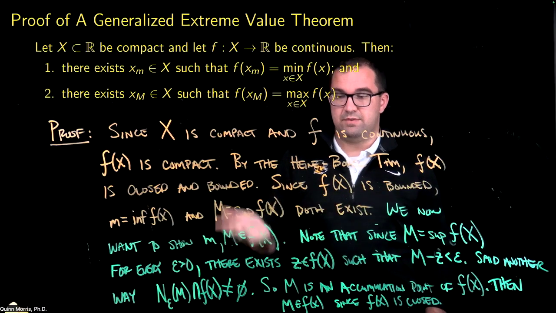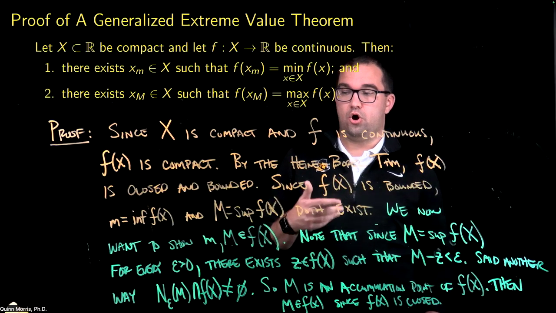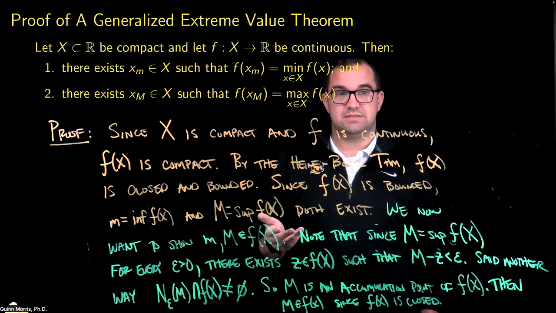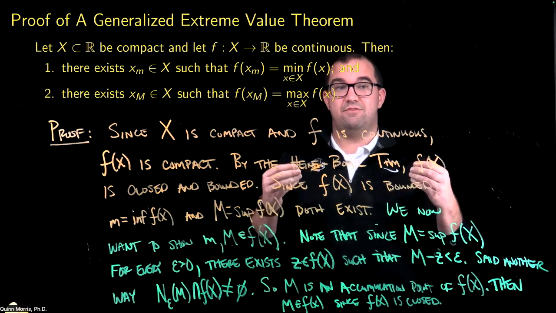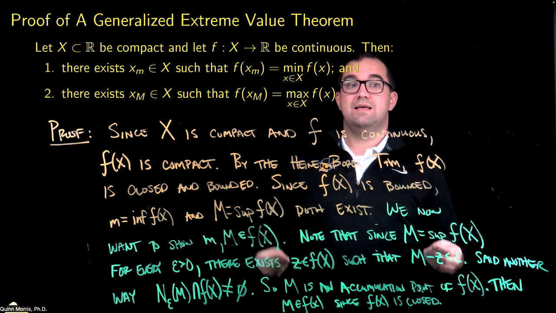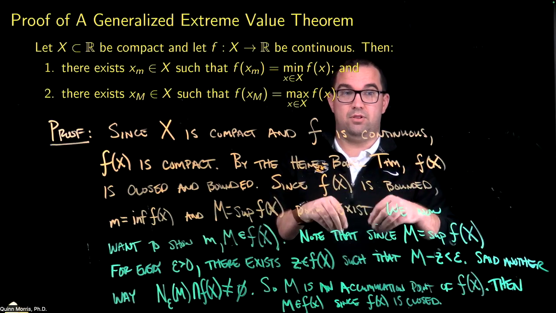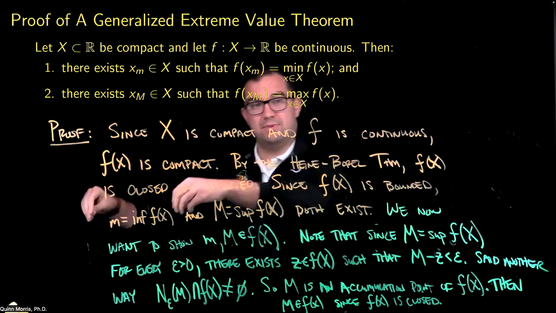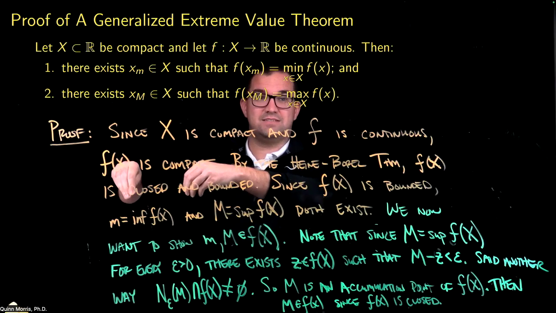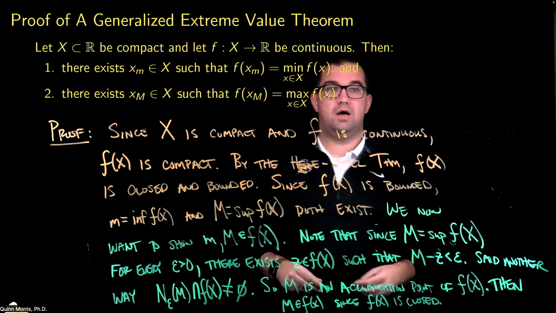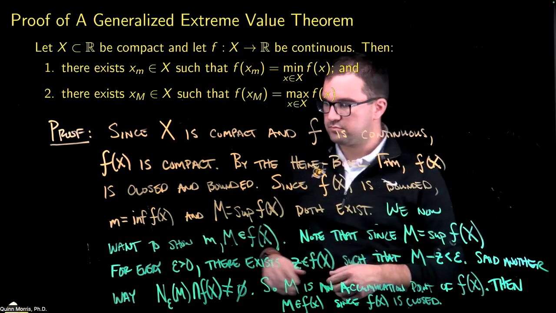You can show that those infimum and supremum values of f of capital X are accumulation points of f of X. Because f of X is closed, capital M and lowercase m must be in f of capital X. And because they're in there, there must be some values in the domain set X that map to little m and capital M, which is precisely what you want for this generalized theorem.